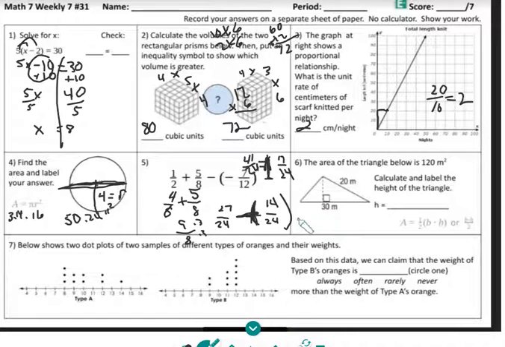So we really want to take 120, multiply it times 2, because this is the original number we cut in half. So that would give us 240.